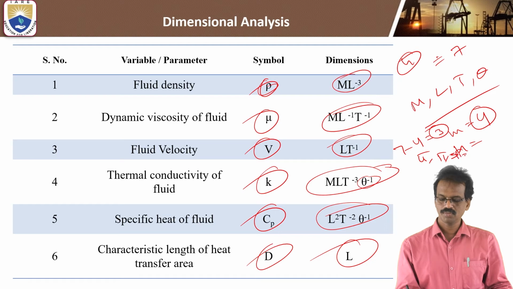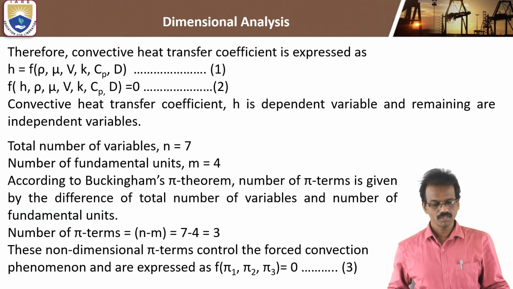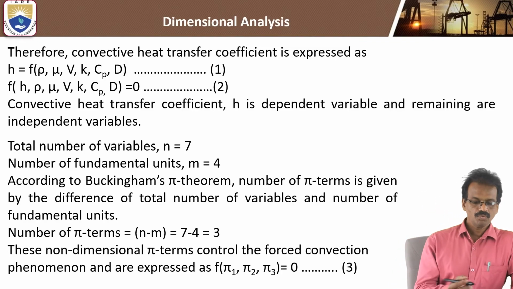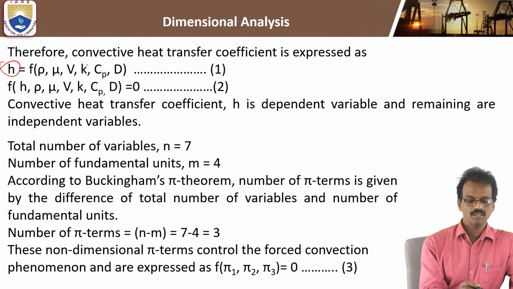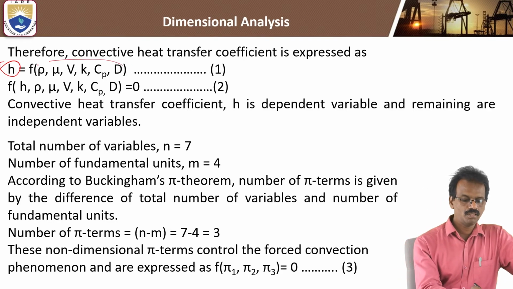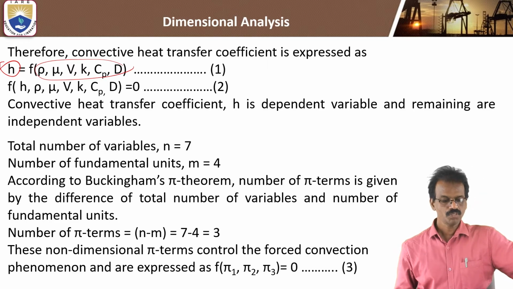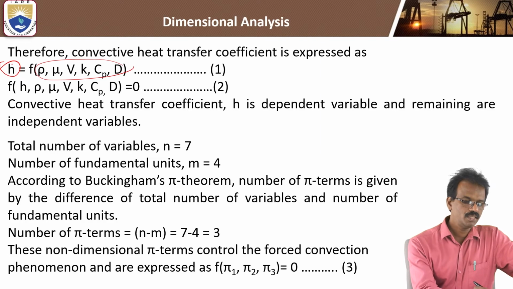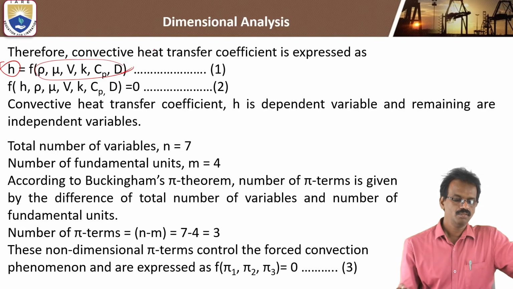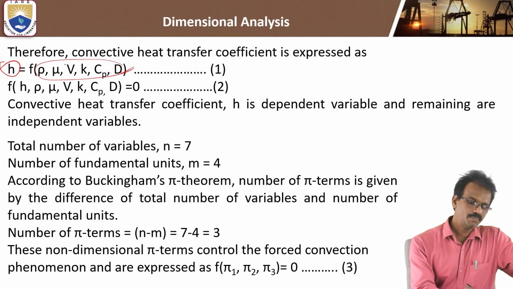We have to find out the 3 terms. h is a function of density, viscosity, velocity, thermal conductivity, Cp and d. These are the parameters included in forced convection. To find the h value, we have to consider all these parameters.